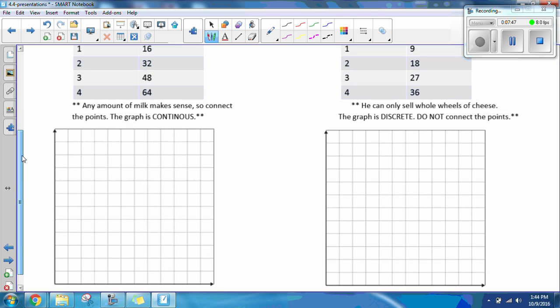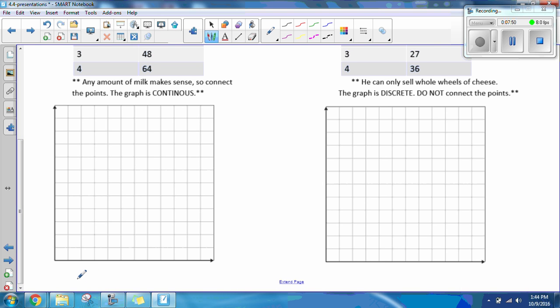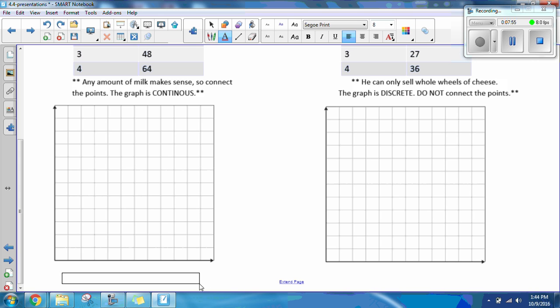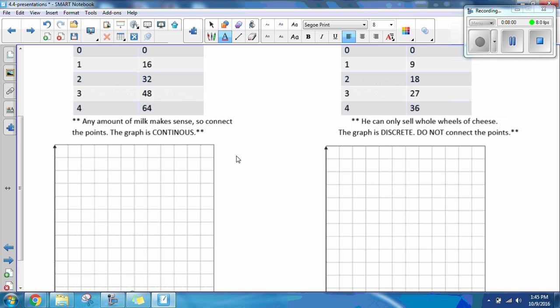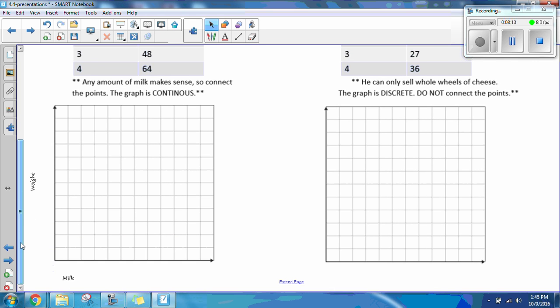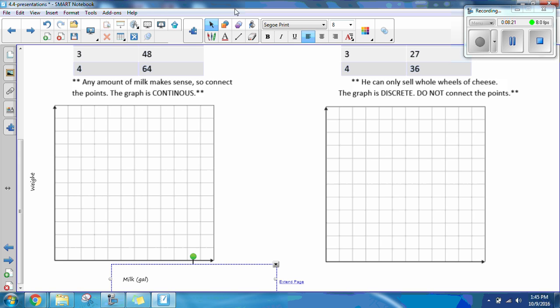So at 0, let's see, well, first we have our milk here. We'll put milk as our independent variable, and then we have our weight as our dependent variable. And then we will need to choose our intervals. So for milk in gallons, I forgot to label that, we will use just 1, 2, 3, and 4.